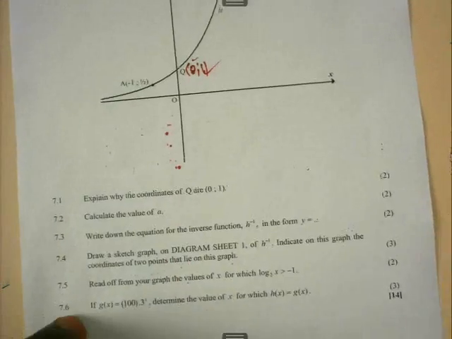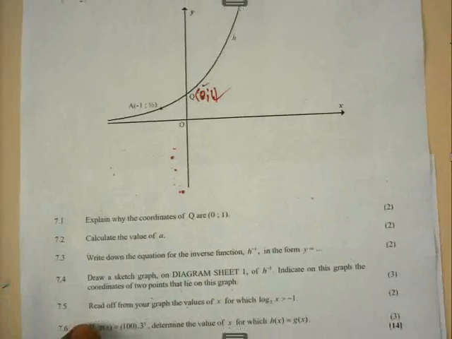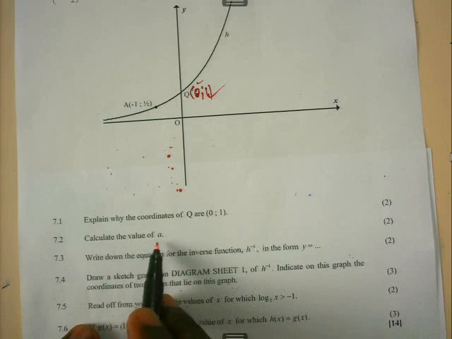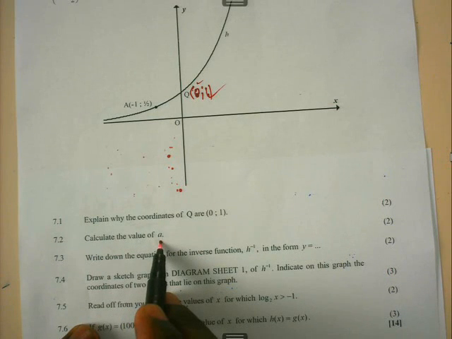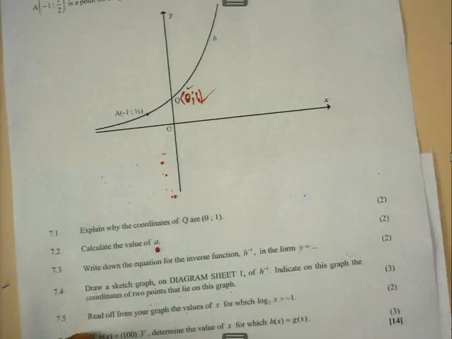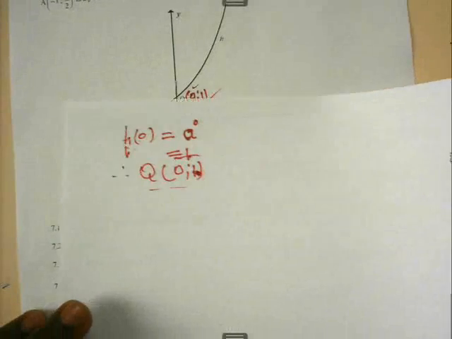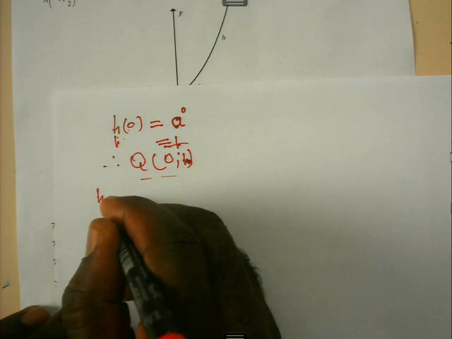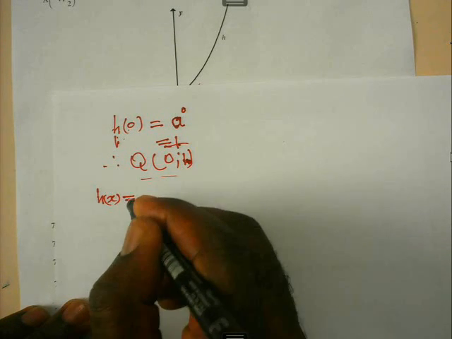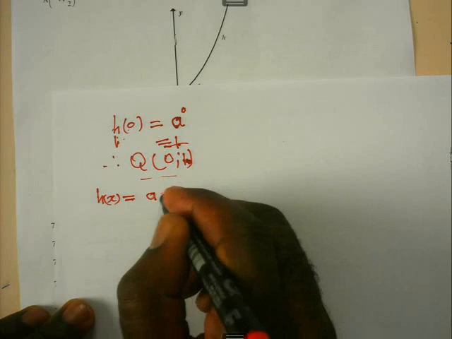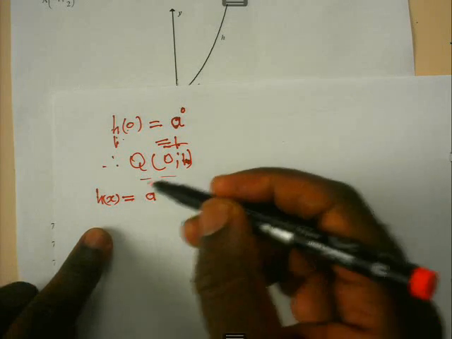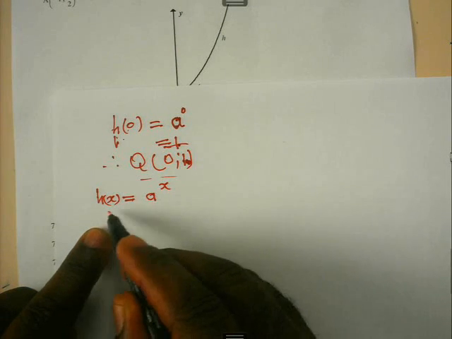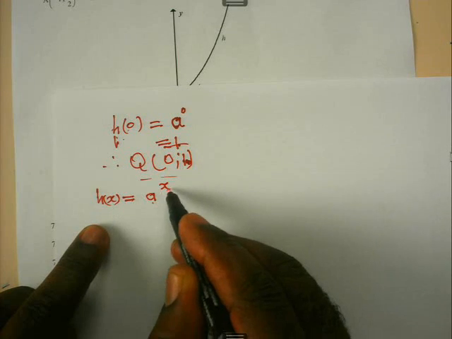Let's go to 7.2. 7.2 says to me, calculate the value of a. Calculate the value of a where? The value of a from this equation, h of x, which is equal to a raised to the power of x.